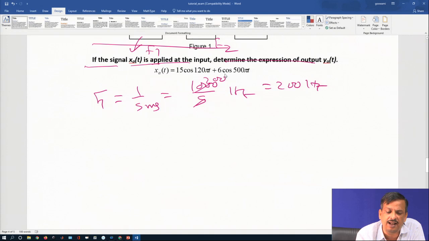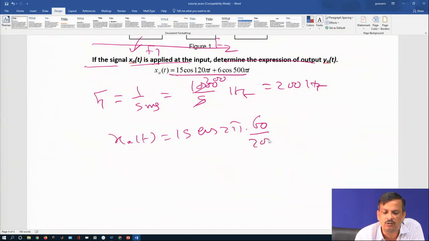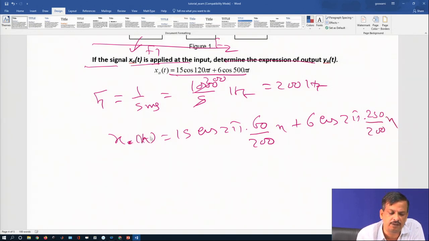So, what is the signal? This one is my signal. So, I can say xa(t) is 15 cos 2 pi, what is the analog frequency, 60 hertz divided by 200 n, plus 6 cos 2 pi, what is 500 means 250, divided by 200 n. So, that is x of n.